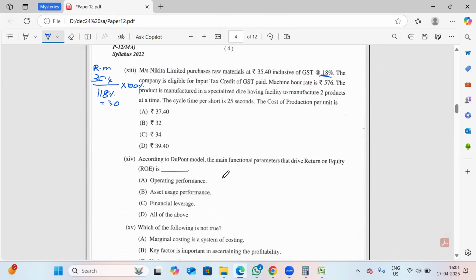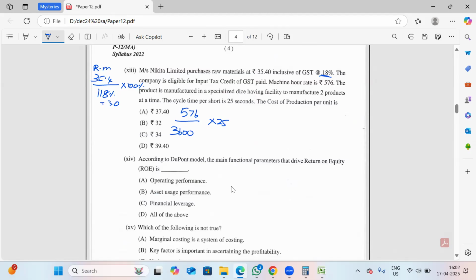For 1 hour we have 3600 seconds, right? So 576 divided by 3600 into 25, that is for 25 seconds. I have 576 as the hour rate, so this hour rate should be converted into a per unit rate. So I'm dividing by 3600, because for 1 hour I'm having 3600 seconds.